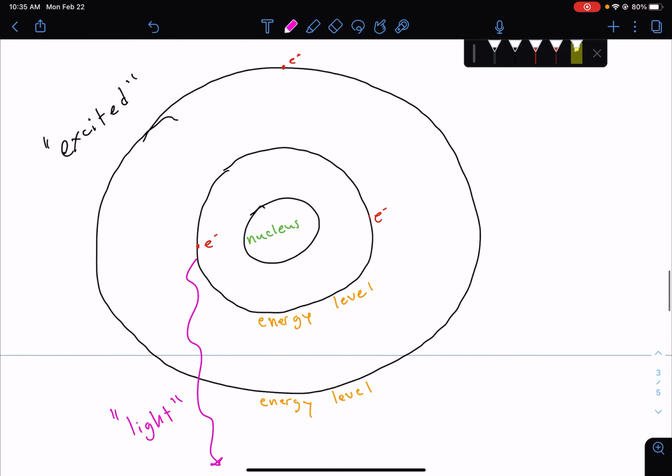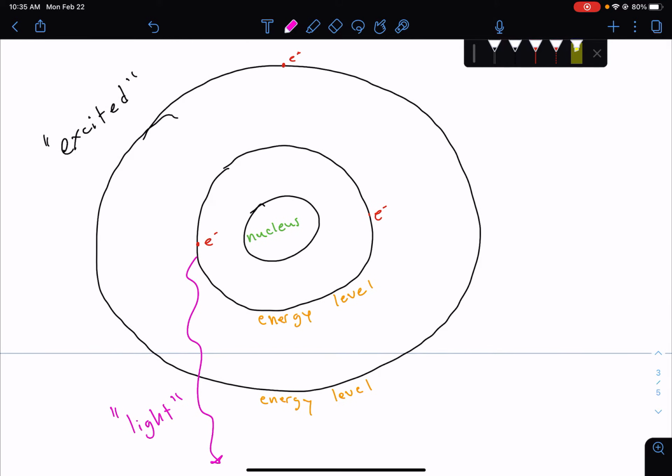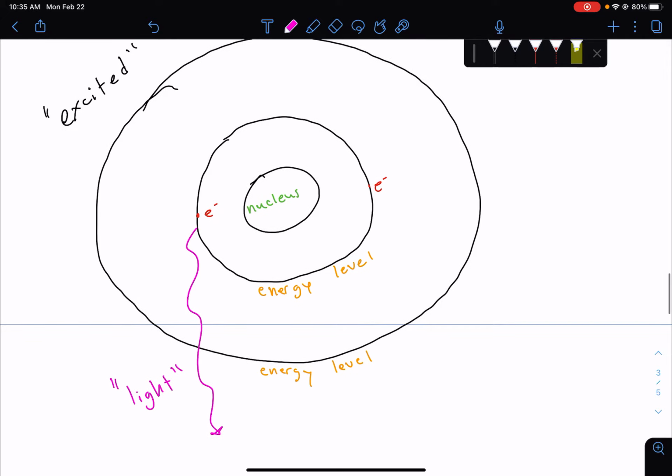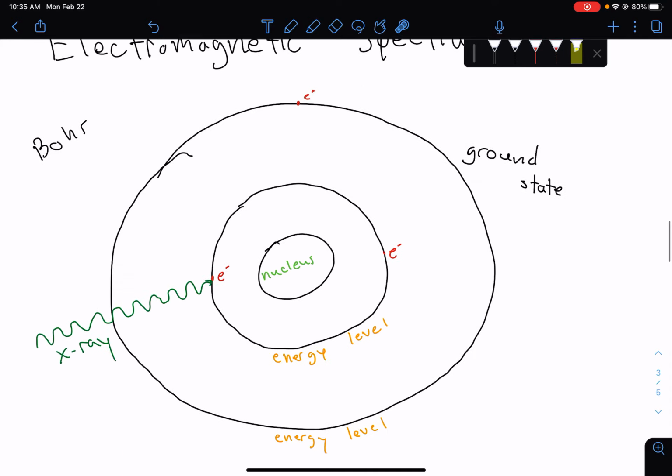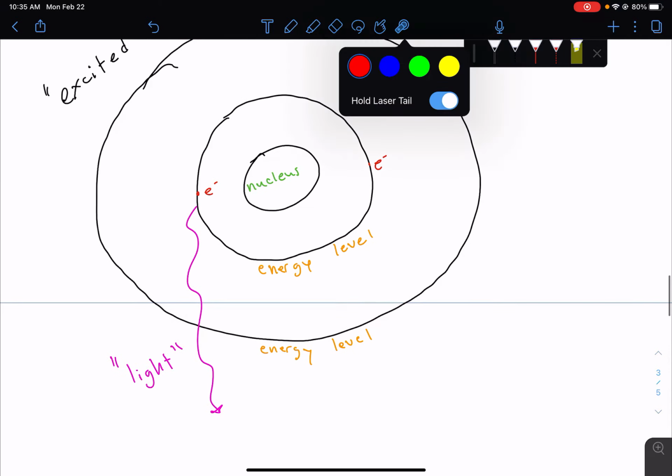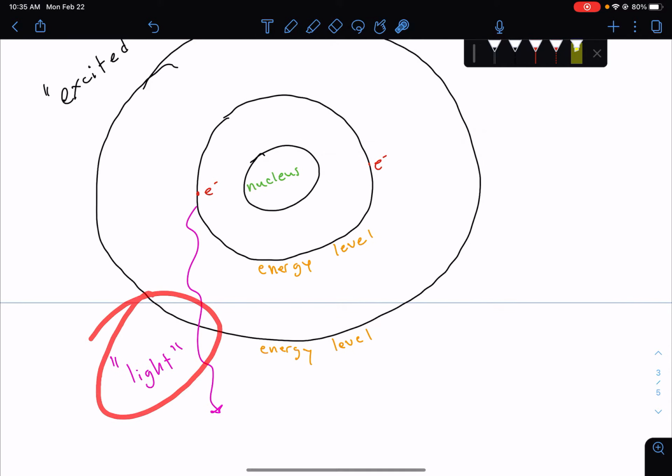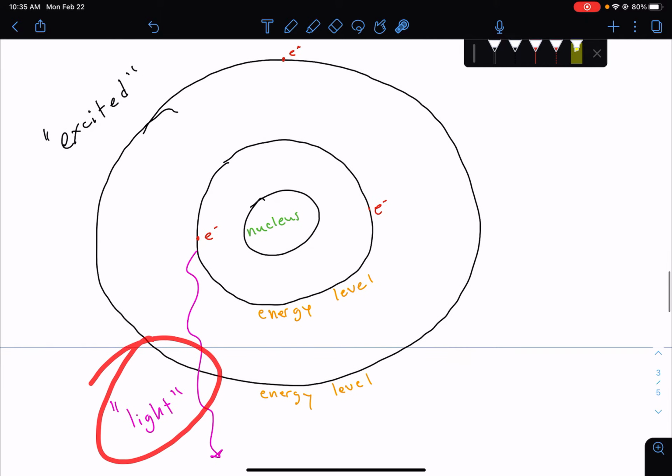Some atoms emit different wavelengths of energy or light that we can't see with our eyes. But this light that we have here is very specific to any atom that we're talking about. Every atom has a very specific pattern of light that it emits when it gets excited.